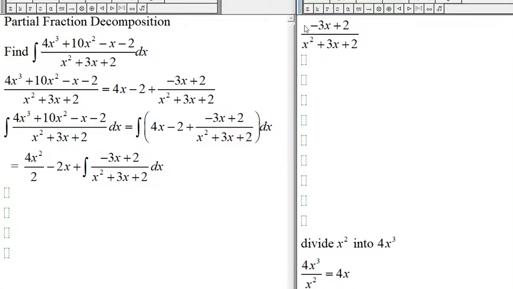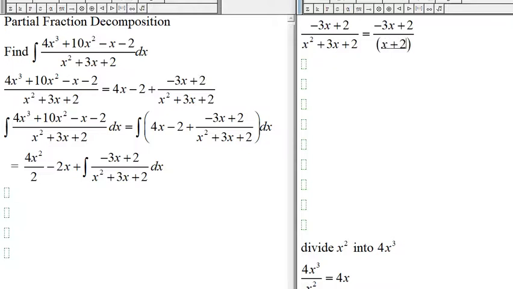And so now we need to decompose this. First, let's go ahead and factor the denominator here. X squared plus 3x plus 2, the factors are x plus 2 and x plus 1.